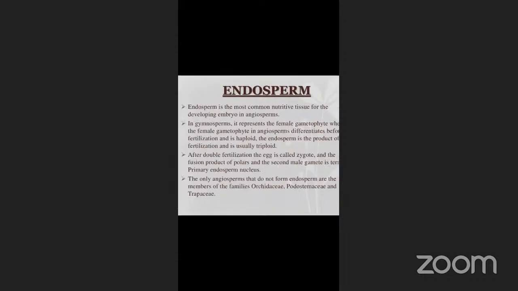In some plants, during the developmental stage, the embryo takes food from the endosperm. Endosperm is a food facilitator for the embryo. The endosperm is completely utilized by the time the ovule is converted into seed.